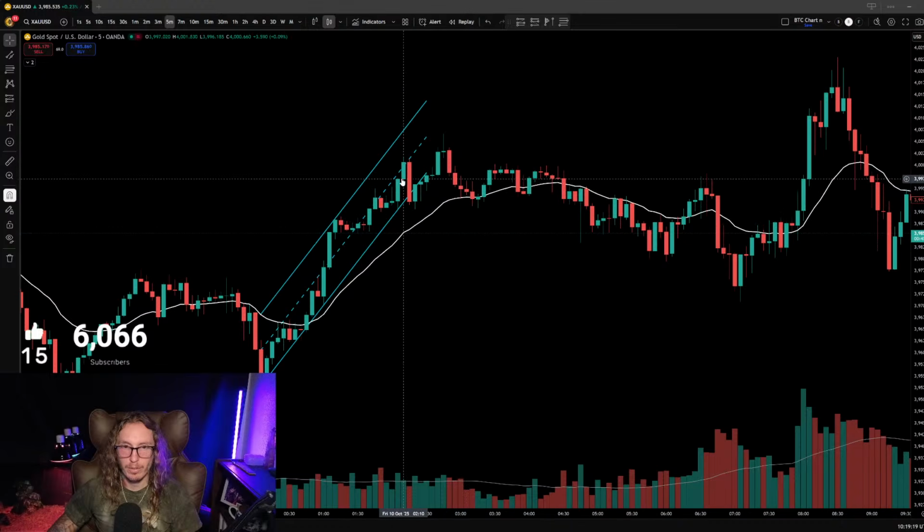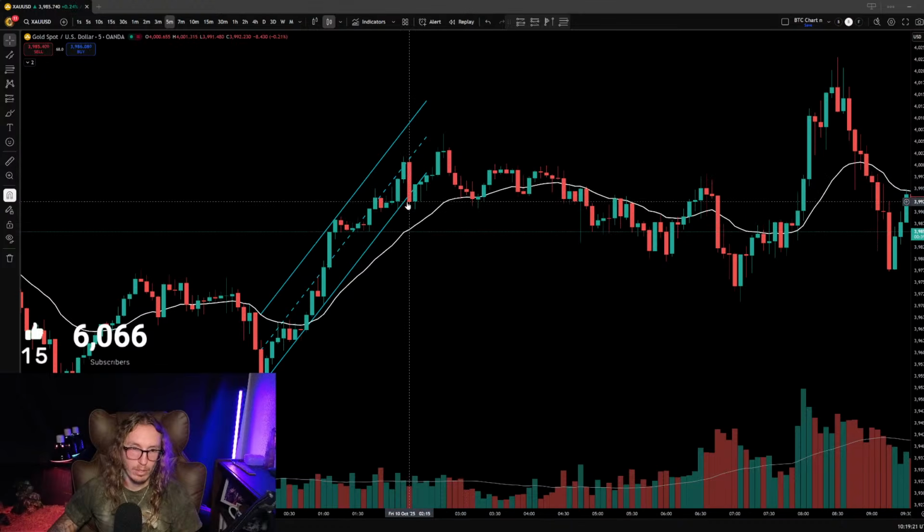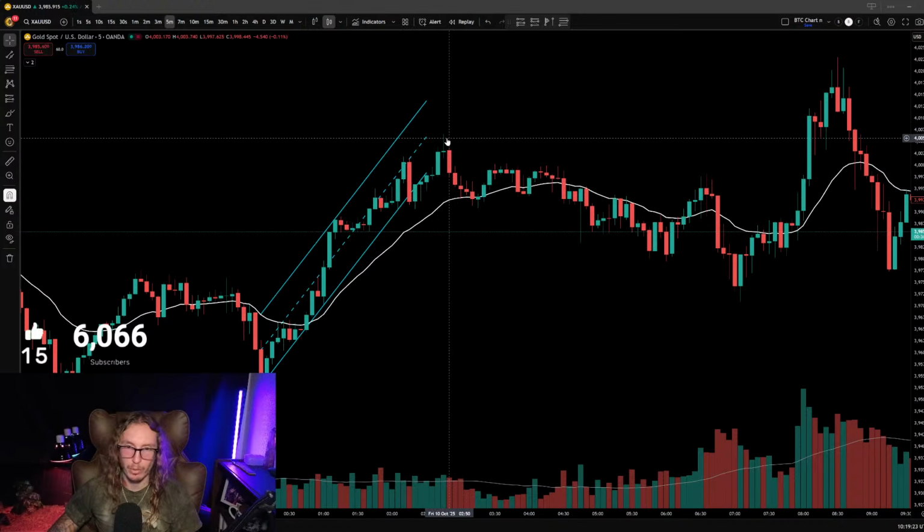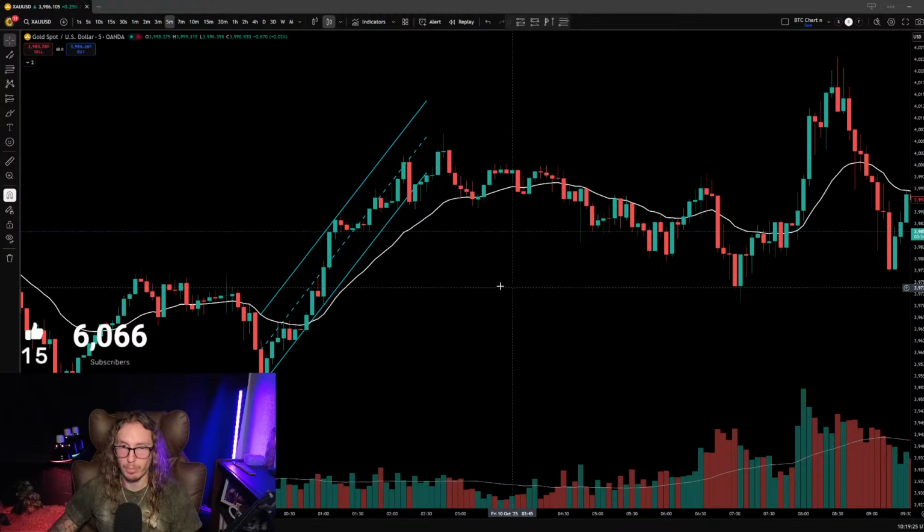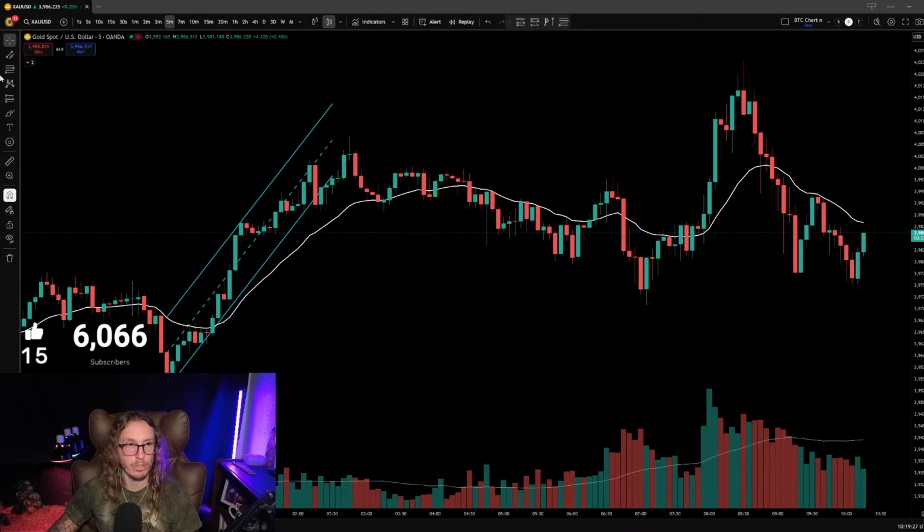Okay, first example, close outside, move to a new high. So that one did play out exactly as it should. Okay, second example, close outside, new low.